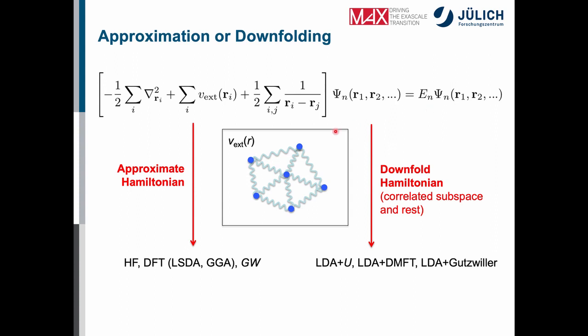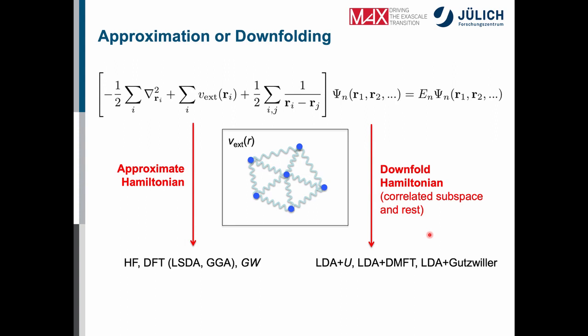The first is to approximate the Hamiltonian, and then you have approaches like Hartree-Fock, density functional theory, GW, and so on. In the other strategy, one tries to keep as much of the physics that is contained in the Hamiltonian as possible, but one allows for a reduction of the system.